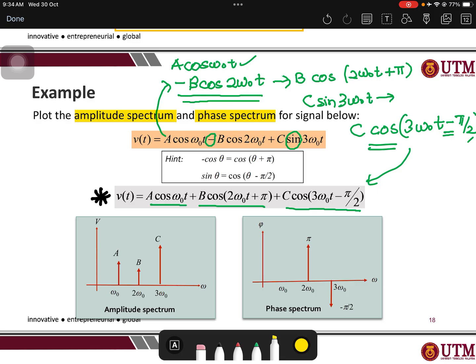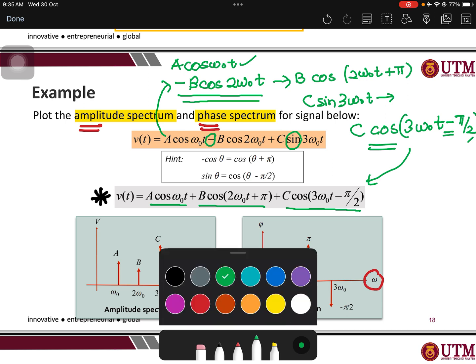Okay, it's quite easy because the amplitude and also the phase spectrum are already given to you. You just need to remember the x-axis would be your angular frequency. Let's take a look at each component.